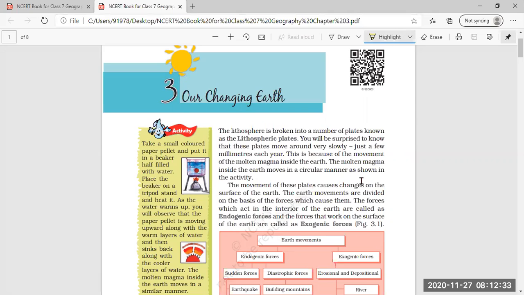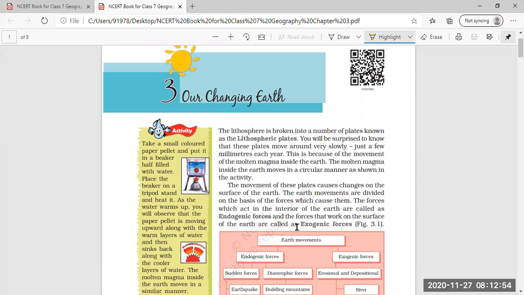As the molten magma inside the earth moves in a circular direction, the lithospheric plates also move in the same way.